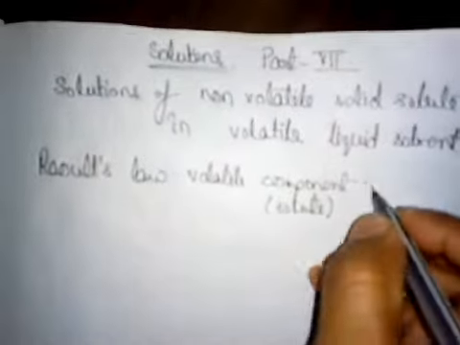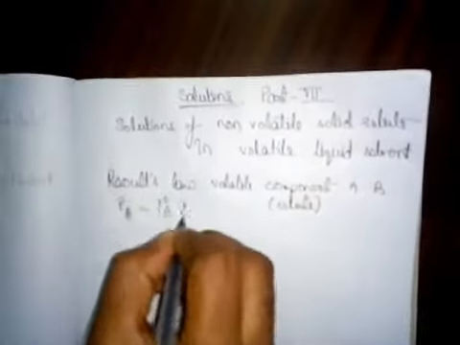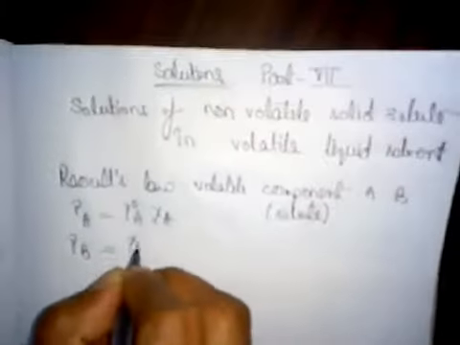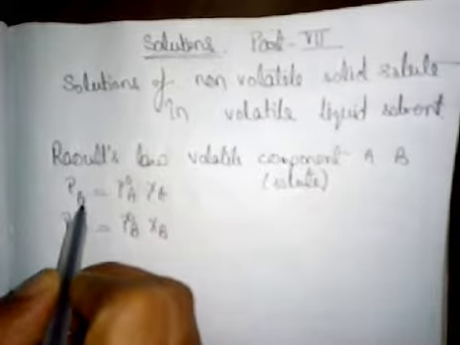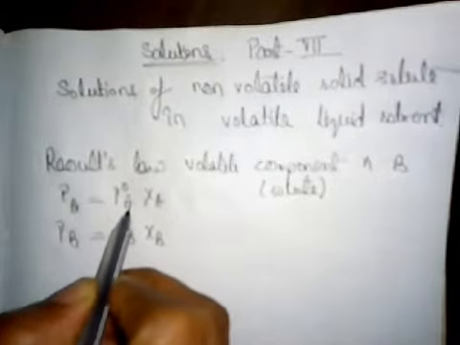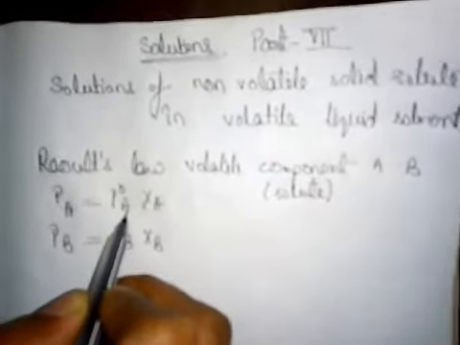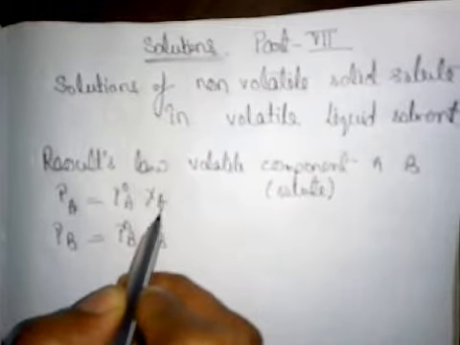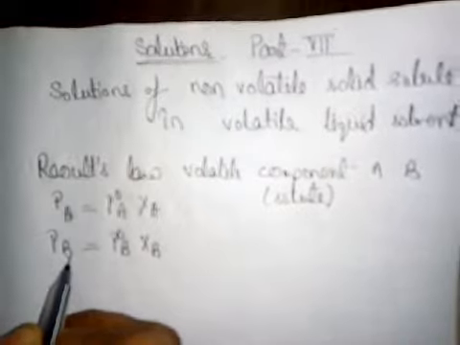As both were volatile components A and B, so we were writing PA is equal to P naught A into XA, PB is equal to P naught B into XB, where PA is the partial pressure, vapor pressure of the solute A or the component A. P naught A is the vapor pressure of pure component A. XA is the mole fraction of the component A. PB is the vapor pressure for the component B in the solution.